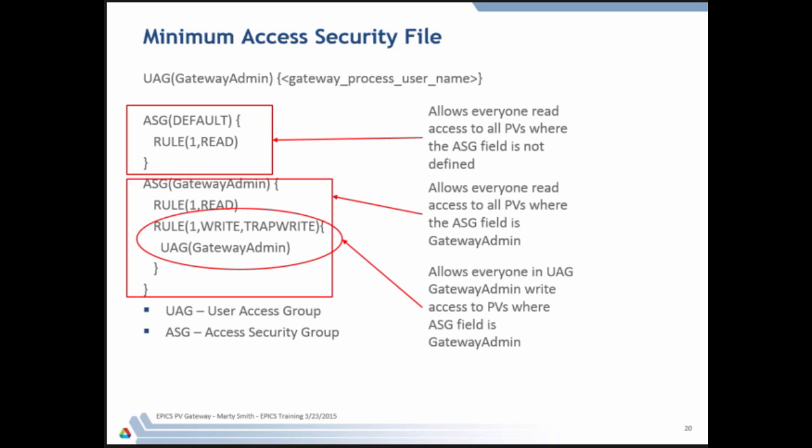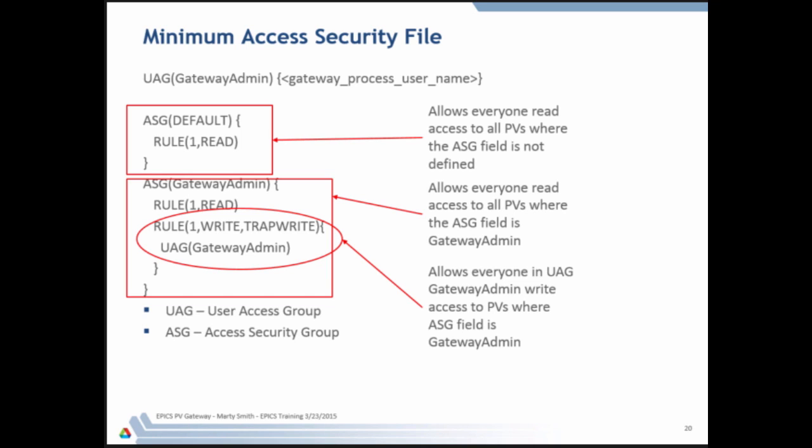Okay, and here I've defined a write rule. This is basically saying everybody gets read access to this access security group, but I'm allowing write access to all fields of every PV within this access security group for whoever's in my UAG list, gateway admin.